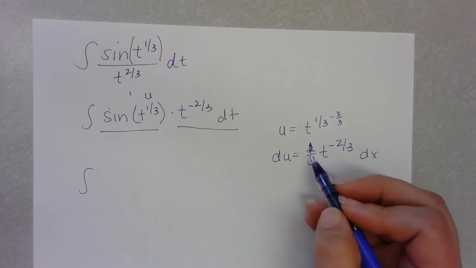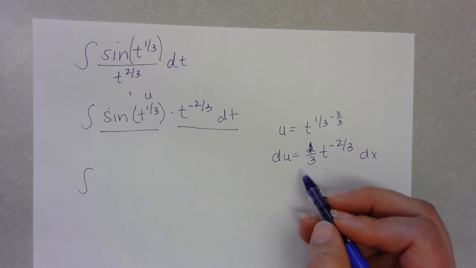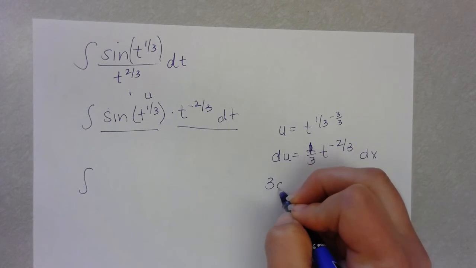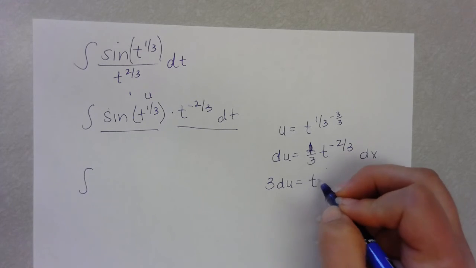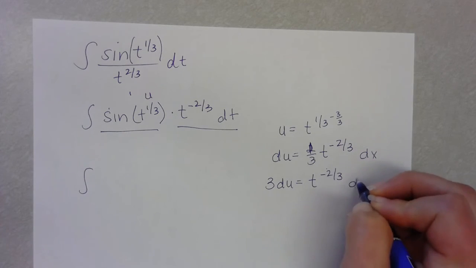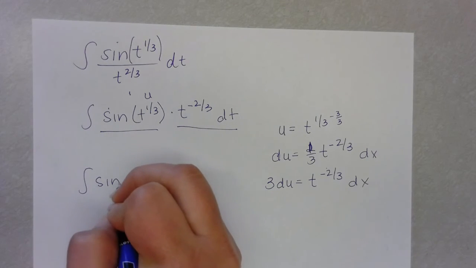So this 1/3 I need to get rid of. So I'm going to multiply both sides by 3 because that would take it away. So 3 du would be equal to, then it's just left with 1, so I won't write it, t to the negative 2/3 dt. All right, so I know that this part here is my sine of u.